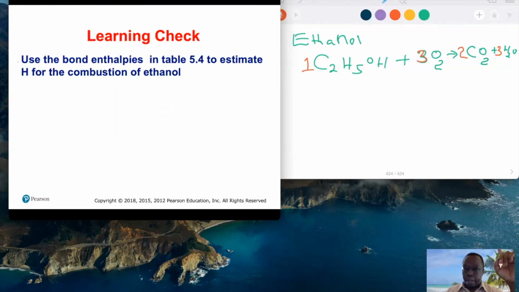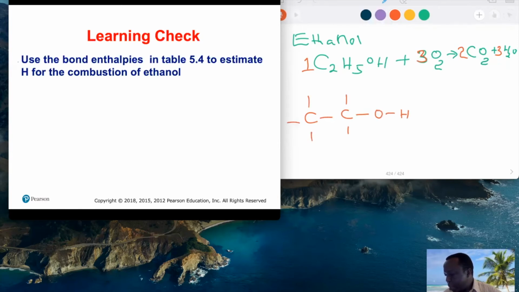This is what you'll see in the quiz, probably the exam: translating molecular formulas to structural formulas. This is the structural formula for ethanol.